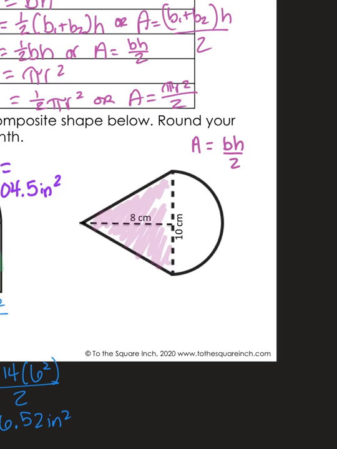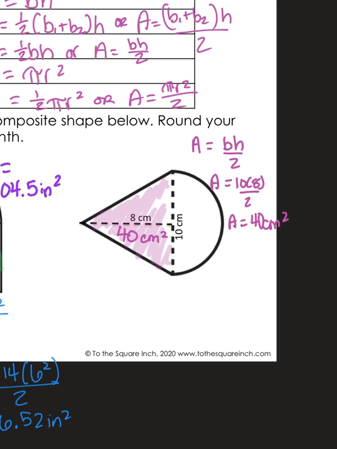So to do that, I'm going to go ahead and say area is equal to 10 times 8 divided by 2. And that's going to get me area equals 40 centimeters squared, or square centimeters. So this right here is 40 centimeters squared.